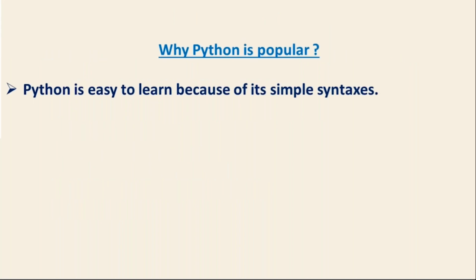See, if you compare Python with other programming or scripting languages, it has very simple syntax. If you have very simple syntax, then you can easily learn that. Once you learn it, you can easily apply that to your real-time scenarios, right? So this is one of the points that makes Python a popular language.